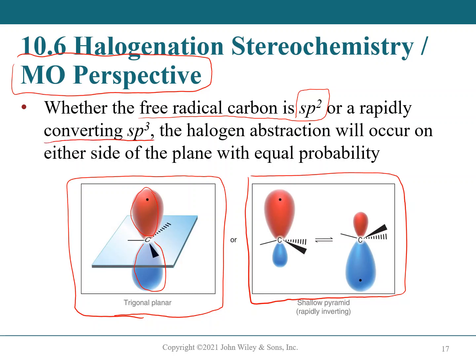Since it's rapidly equilibrating, we're going to have a radical found at equal points in time both above and below the plane. So we have equal probability. No matter which molecular orbital we look at, we're going to lose our stereochemistry once a radical is formed at a carbon, even if the carbon was chiral beforehand.